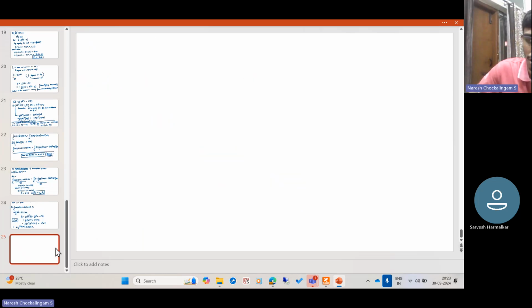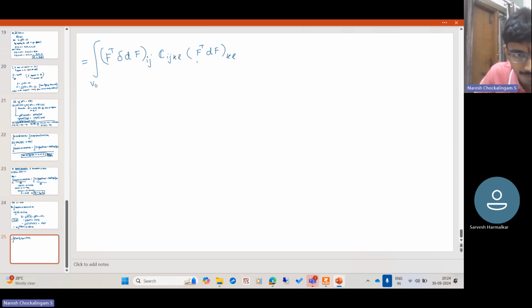Now look at this expression. What we have is equal to integral over the volume F transpose, get rid of the delta T, it's not important, F transpose del D F Ij, Cijkl is the material elasticity tensor multiplied with F transpose DF KL.